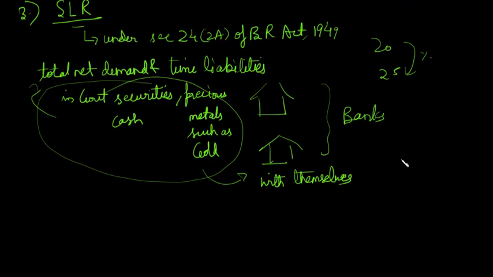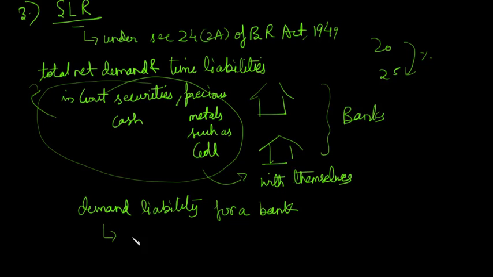Now the question comes, what are net demand and time liabilities? Demand liability for a bank is nothing but current account balance and saving balance, because they are demand accounts.